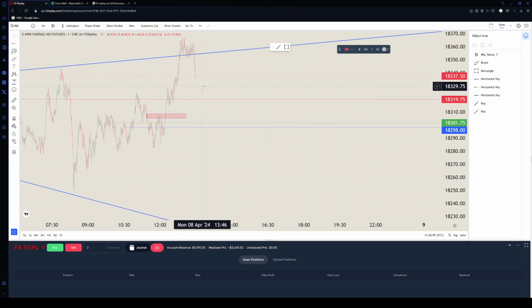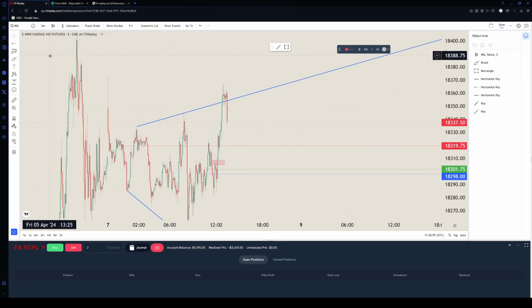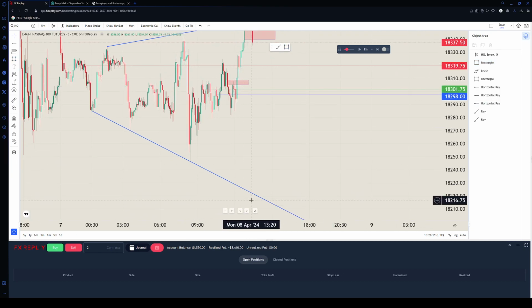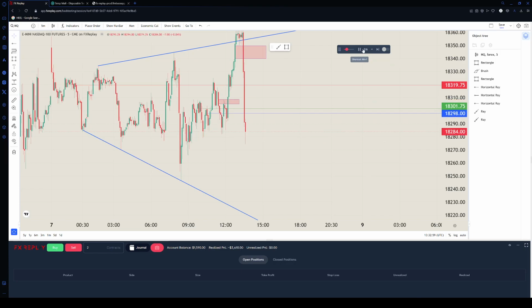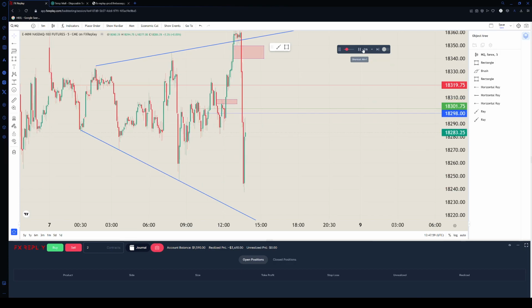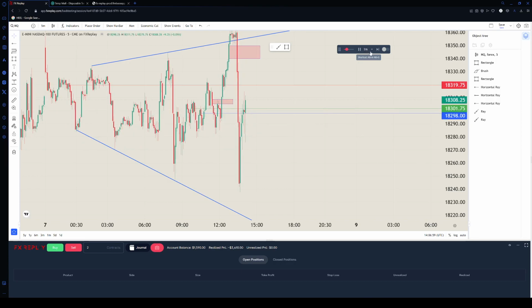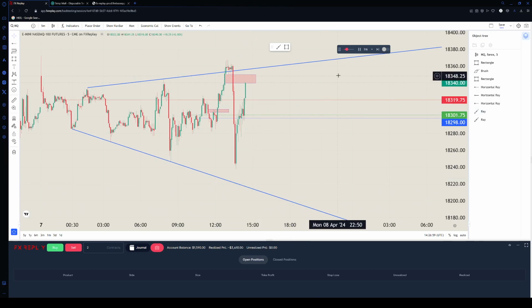So, idea would be now that I did that, upon inversing this, we look for the move down to here. Does it hit the very bottom of the broadening formation?